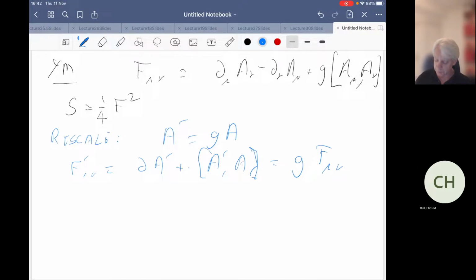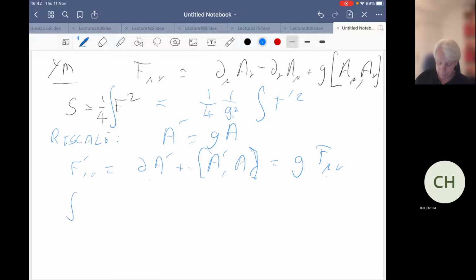So now we've got a field strength where there's no coupling constant appearing in the interaction, and now the action can be written as 1 over 4, 1 over g squared, integral of F prime squared. So now we have the 1 over g squared outside the action as an overall factor and no term in the interactions.